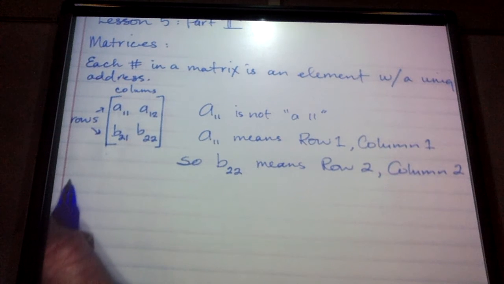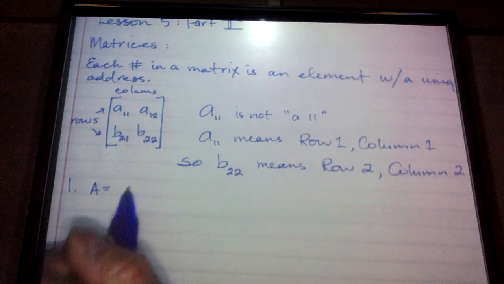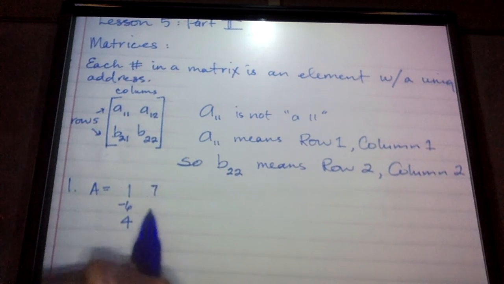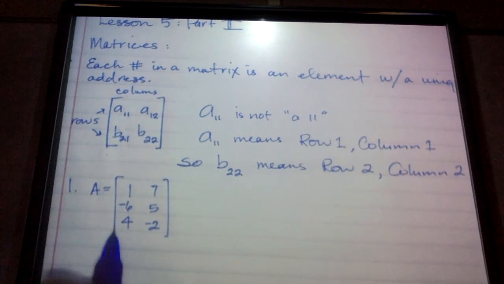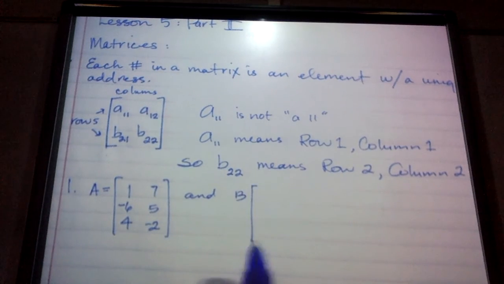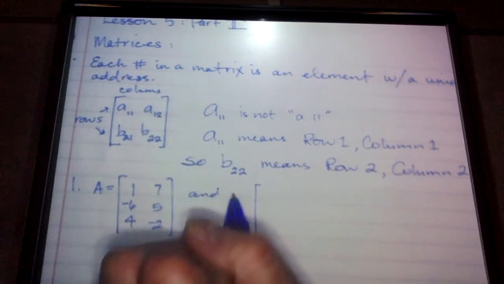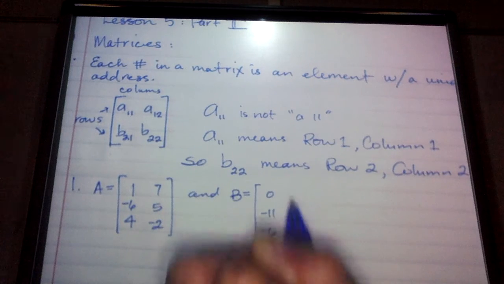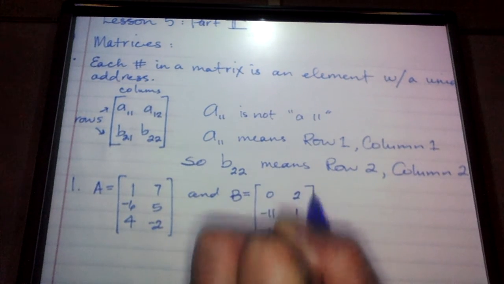To make sure we understand this, I'm going to give us 2 matrices that we're going to use in a couple of problems. So A equals 1, -6, 4, 7, 5, -2. And B, whoops, I should put an equal sign there, my apologies. B equals 0, -11, -6, 2, 1, and 14.